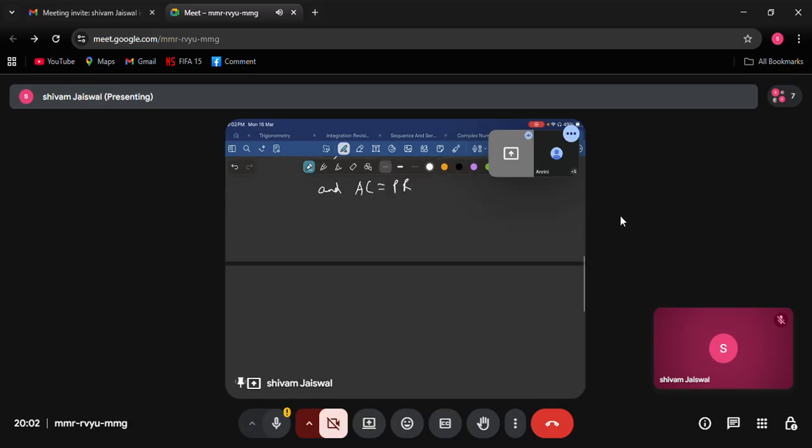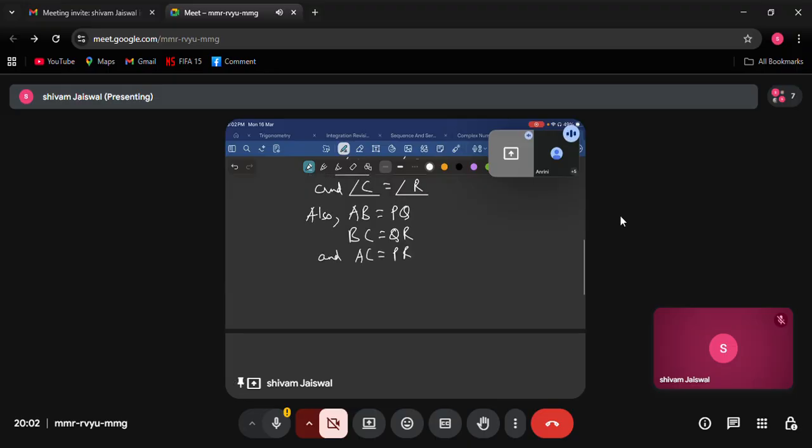Next, to uniquely determine a triangle, which one is more concrete, congruency or similarity?